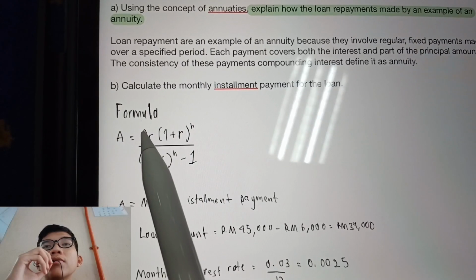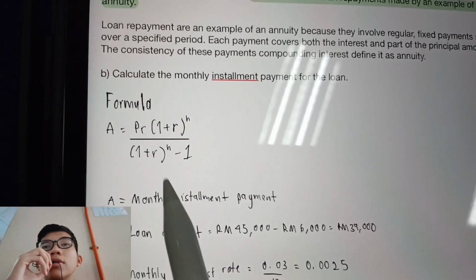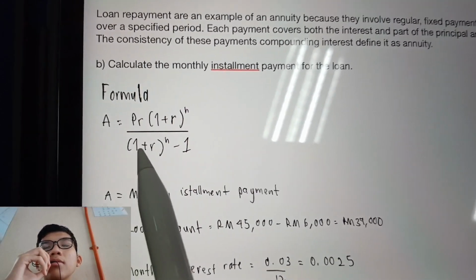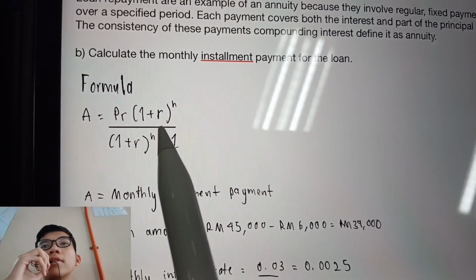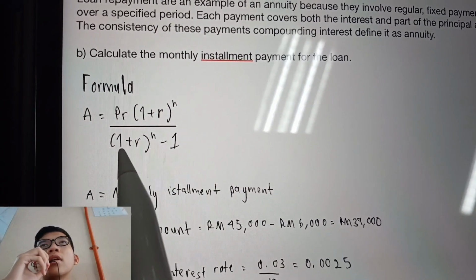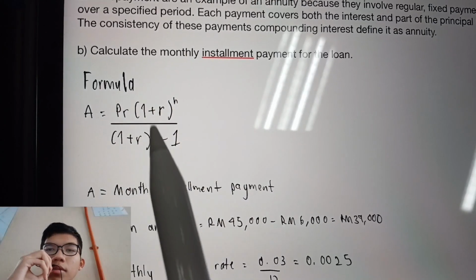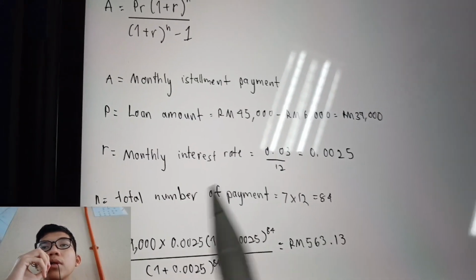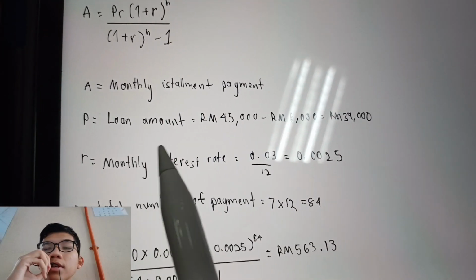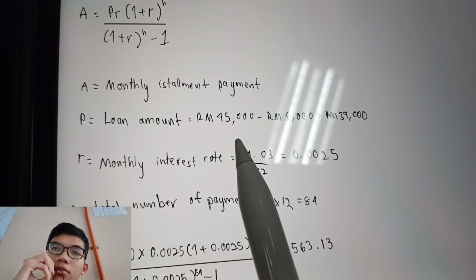For this question, we're going to use the formula A equals PR(1 plus R) to the power of n over (1 plus R) to the power of n minus 1. A is the monthly installment payment. P is the loan amount, which is 45,000 ringgit minus 6,000 ringgit equals 39,000 ringgit.